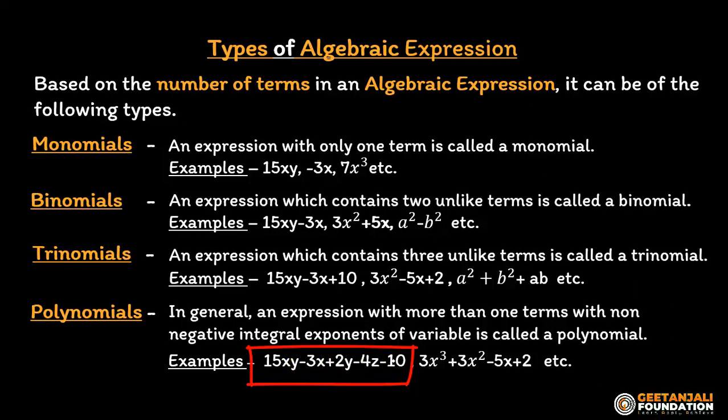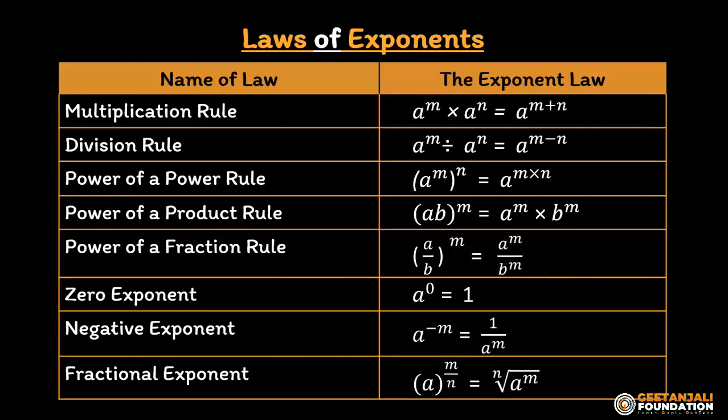If you observe the definition of polynomials carefully, you can see that binomials and trinomials both come in the category of polynomials. So in general, we have taken multiplication of monomials by polynomials. It covers multiplication of monomials by binomials as well as by trinomials, because the method of doing multiplication is the same in all these cases.